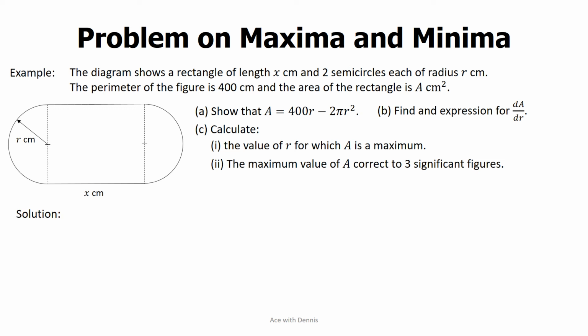Here is the solution. For a, given that the perimeter is 400, so from this figure, it is made up of two semicircles which become a circle and a rectangle. Therefore, the perimeter is 2 pi r plus 2x equals 400.